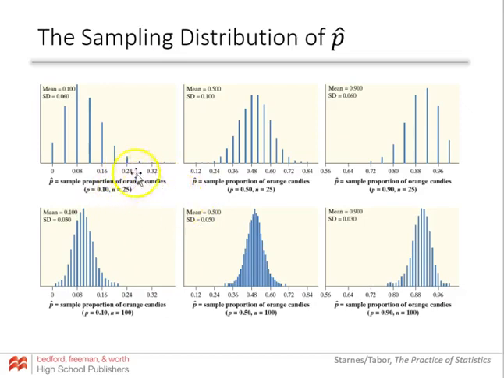So like in the Reese's Pieces, what proportion of the sample is orange. They have different population proportions. Both of these are 10% orange, both of these 50%, and then both of these 90%. And then pay attention to the sample size as well. The 3 on the top are taking samples of 25, and the 3 on the bottom are taking samples of 100.